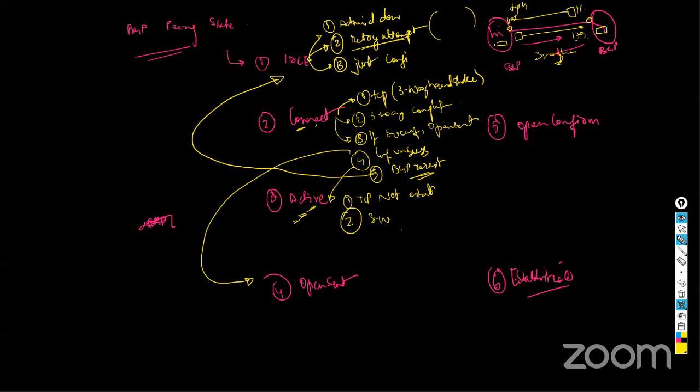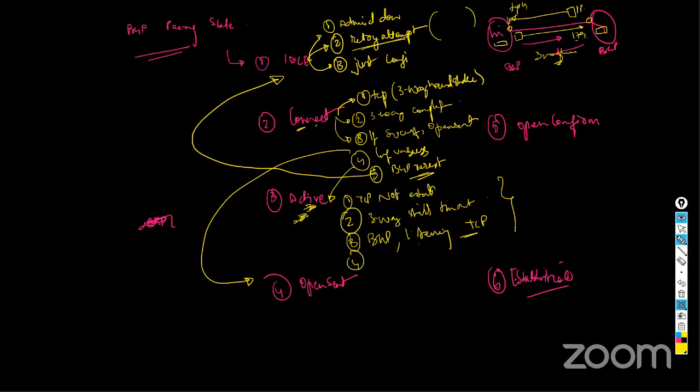Or you see a timeout error with respect to the three-way handshake. Or it's a state when BGP is still listening for an incoming TCP connection from the peer router. So these are the symptoms of active.